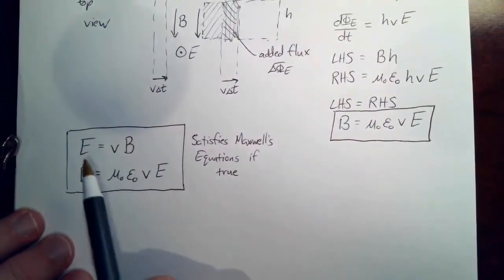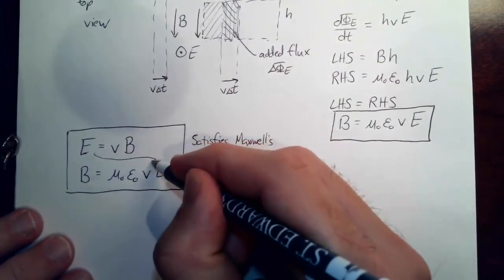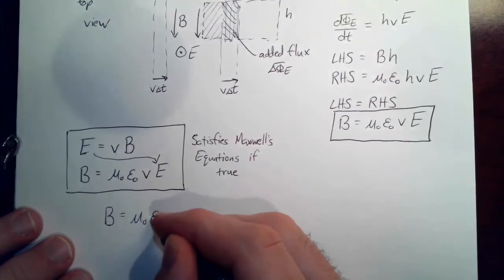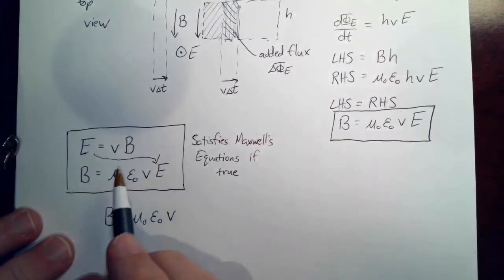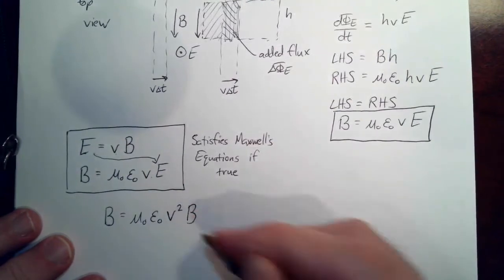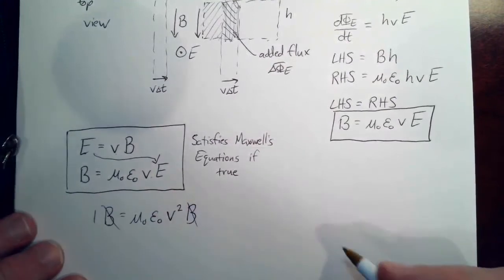Now let's combine them. I'm going to take this value for E, which is VB, and I'm going to put it right here. So then I get B equals mu naught epsilon naught V, that's this part, times E, which is VB, so I get V squared B. The B's cancel. I'm left with a 1 on the left-hand side.